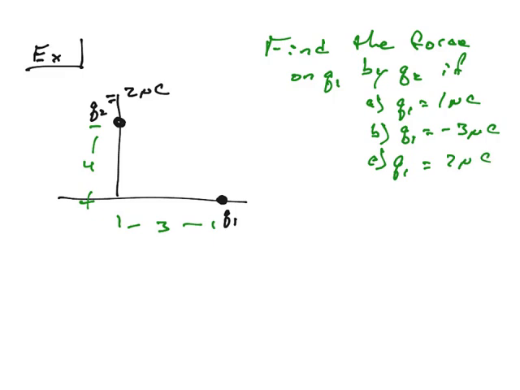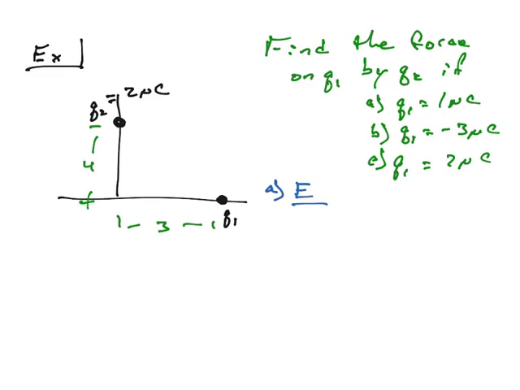What one should do here is, because Q1 is going to change, and each time I change it, I get a different answer, instead of going through the full calculation every single time for each new Q1, let's do the general calculation for the electric field, and then I just insert my Q1 after that. So what I'm going to do is find the electric field.